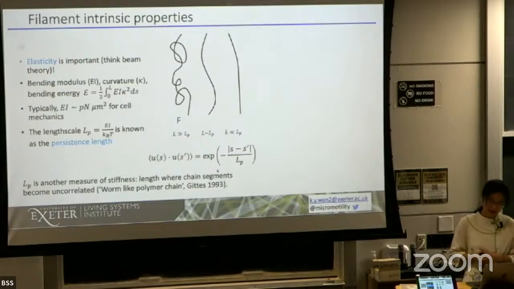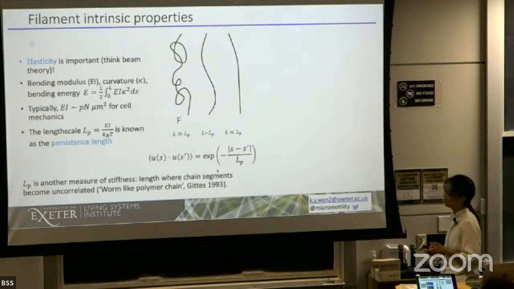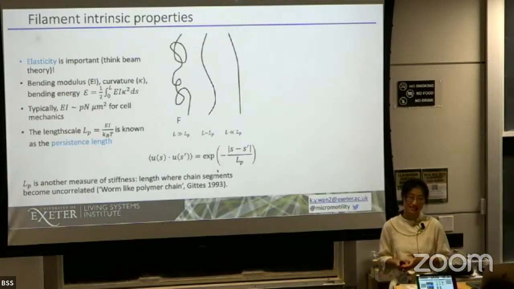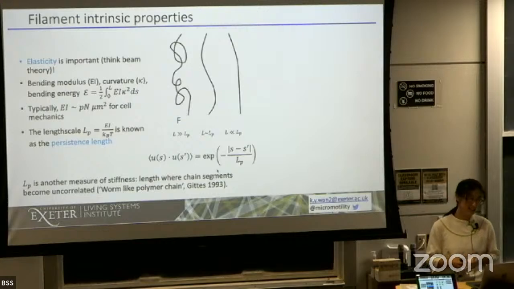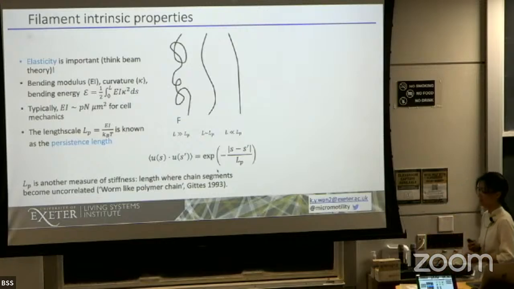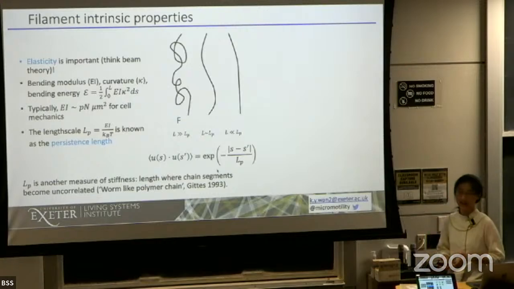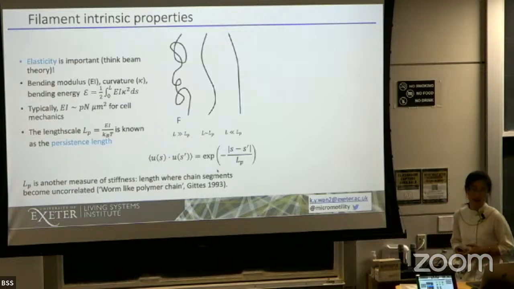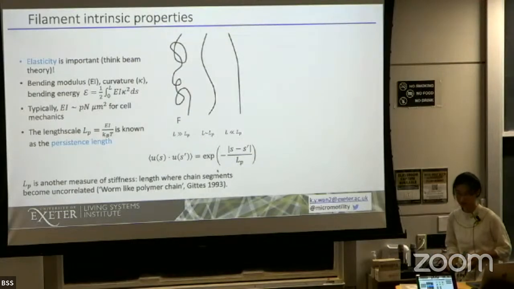And so if you are a filament that is much greater than your intrinsic persistence length, then under thermal fluctuations you'd expect it to wave around and wriggle around. And in that sense, it would become unable to maintain the preferred shape, which, as we know, is essential for swimming.